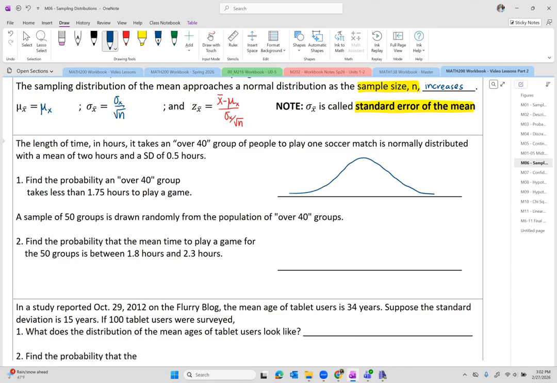So we know that if we have here the length of time in hours it takes an over 40 group of people to play one soccer match, so time to play one match, and it is in hours.